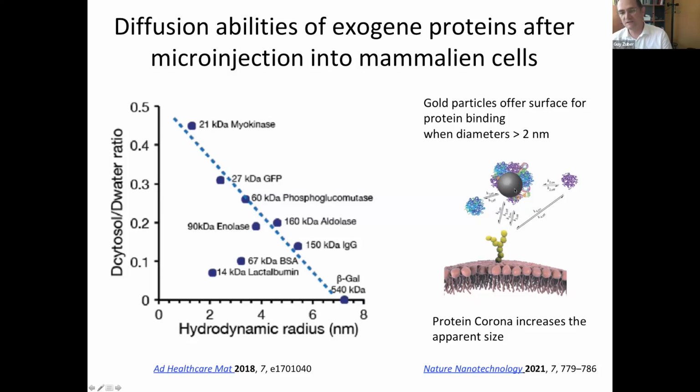Of course, it increases the apparent size. You can have particles that are 2 nanometers, but when you mix them in the presence of proteins, and the cytosol contains a lot of protein, you increase the size dramatically. This has an impact on the diffusion.